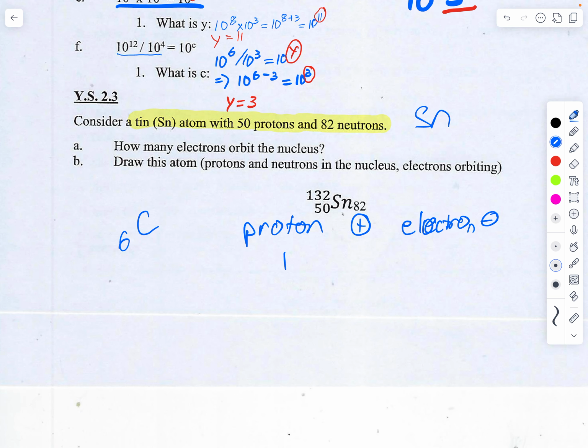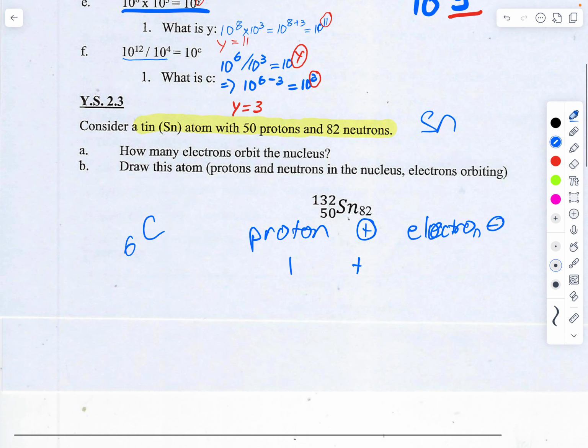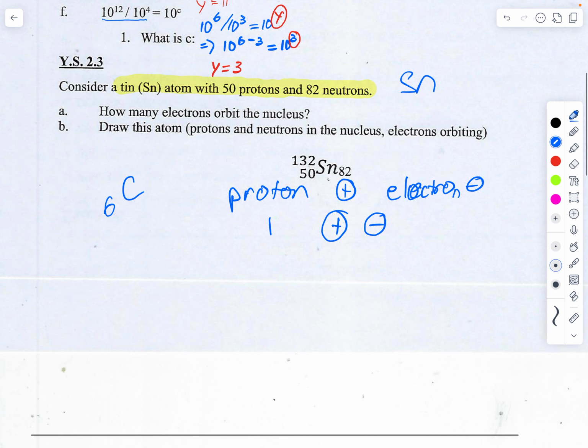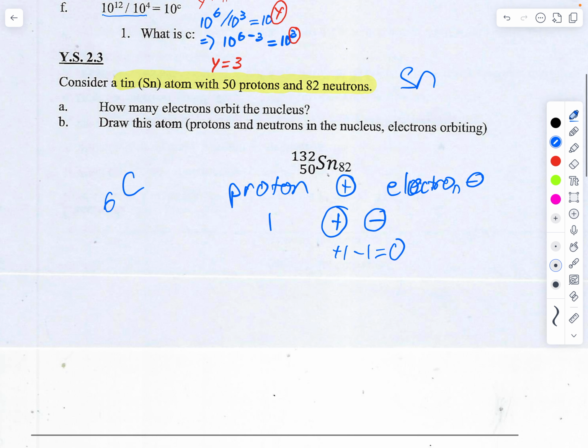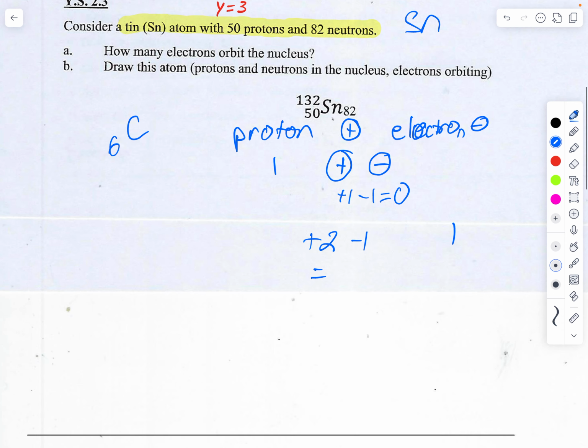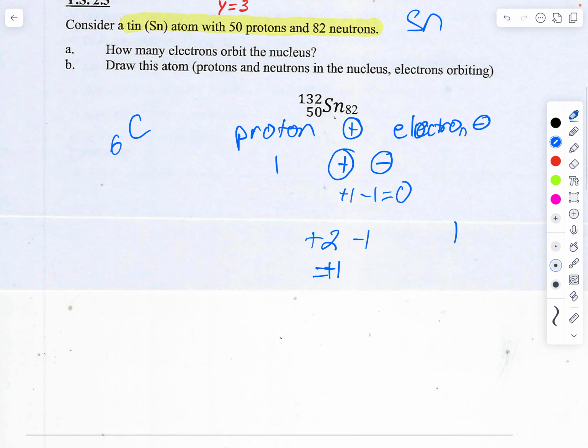Whenever there's one proton, one electron, so 1 minus 1 equals 0, right? But if there's two protons and one electron, so 2 minus 1, it will give us a positive charge. So our element is positive 1.